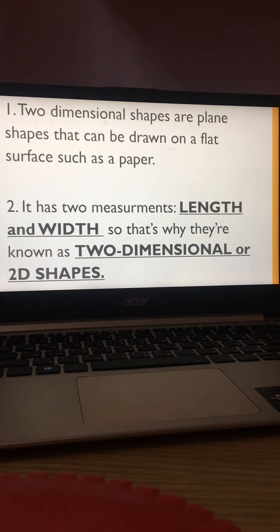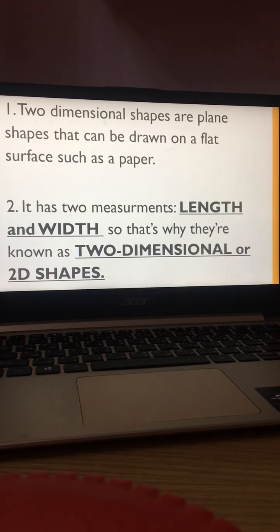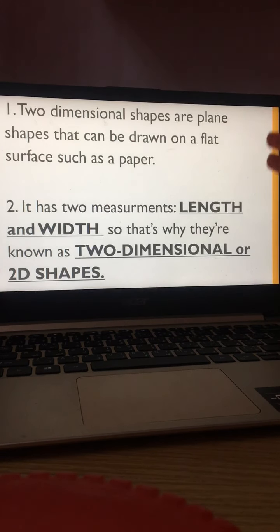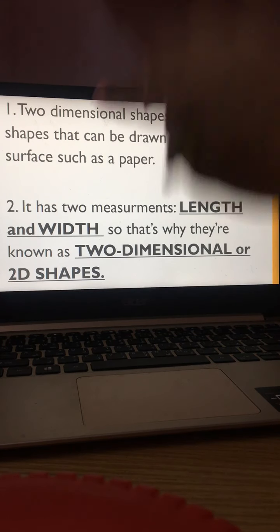The other characteristic is that a two-dimensional shape has two measurements: length and width. We are going to learn later on what we mean by length and width. But for now, you need to know that two-dimensional shapes have both length and width.